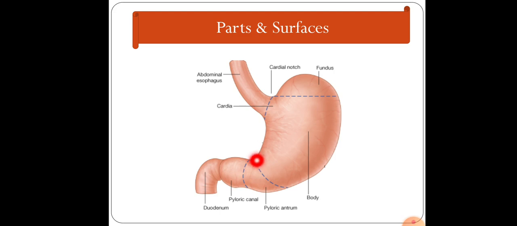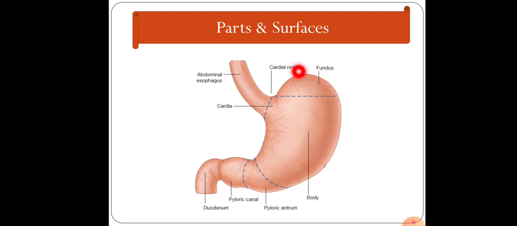Also there is a notch here known as the angular notch. Draw a line from the angular notch to the greater curvature. Between these 2 lines is the body of the stomach. Distal to this line is the pylorus.